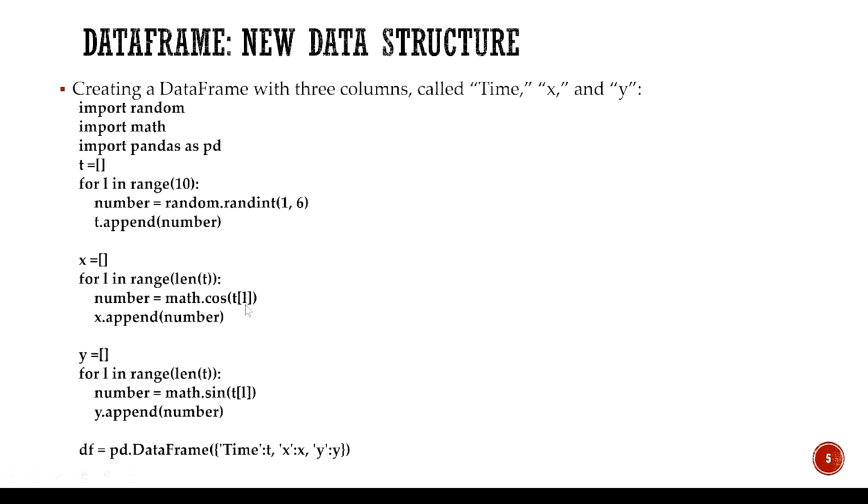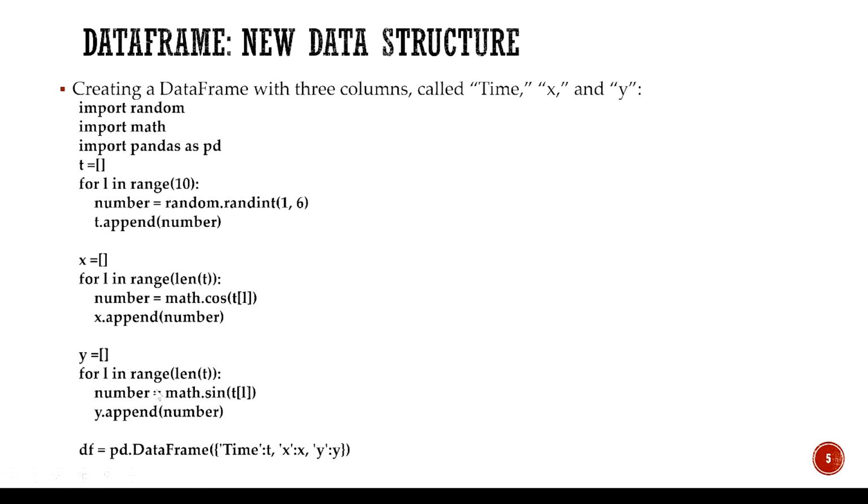The first index is 0, then 1, all the way through 9. And then I populate this list using the append method, x.append. So for t, I generate random numbers, and for x, I calculate the cosine of those random numbers.